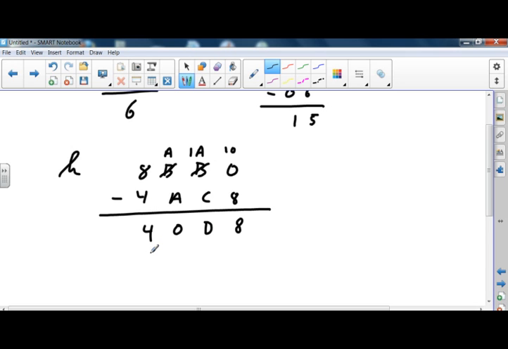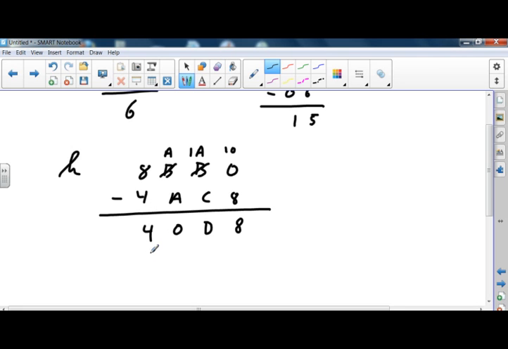Okay, so we take our calculator and go 8, second function A, now it's a B, second function B, second function B, 0, second function, what type is it? It's hexadecimal, and I'm going to subtract 4, second function A, second function C, 8, second function base type hexadecimal.